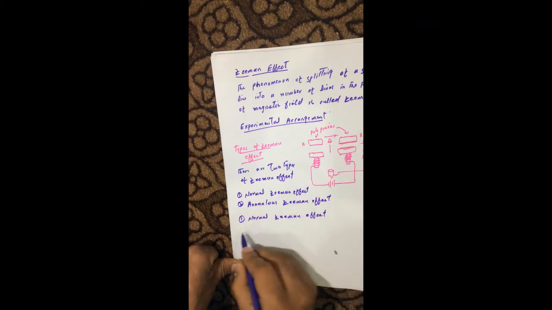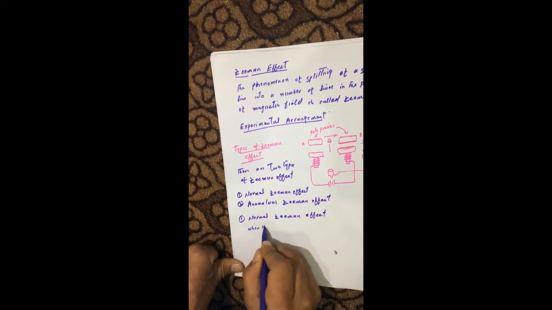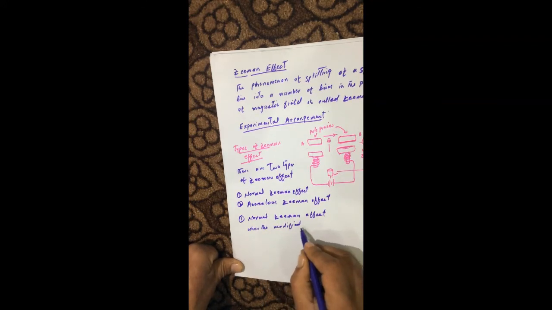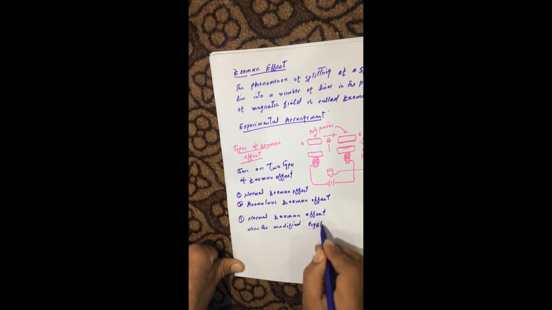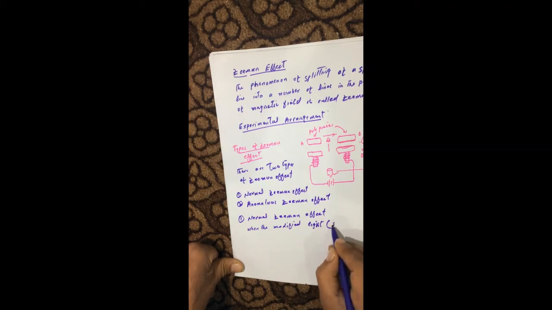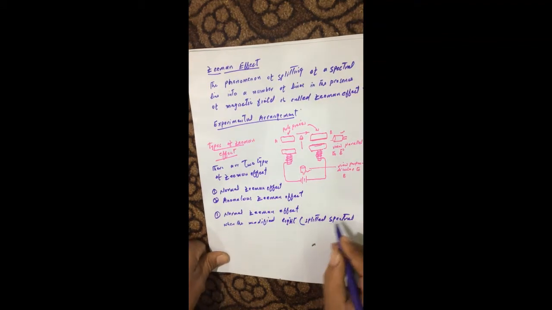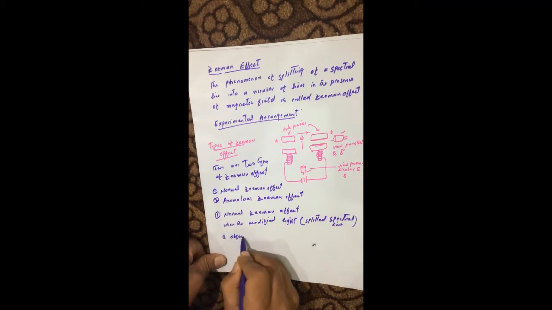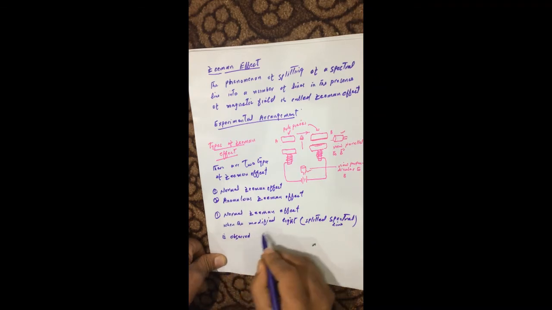When the modified light, which is basically the split spectral line, is observed parallel to the field.